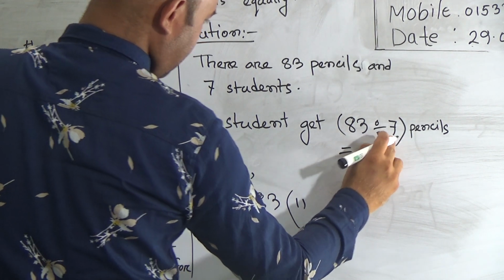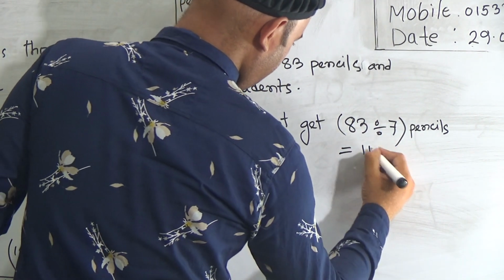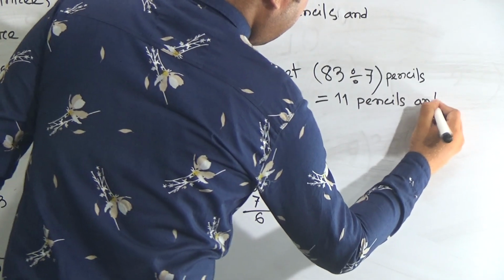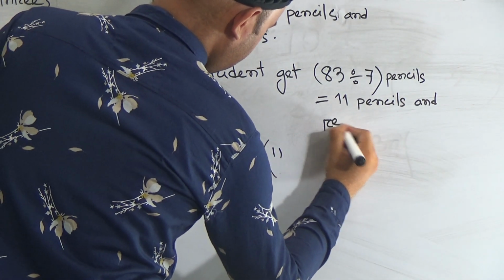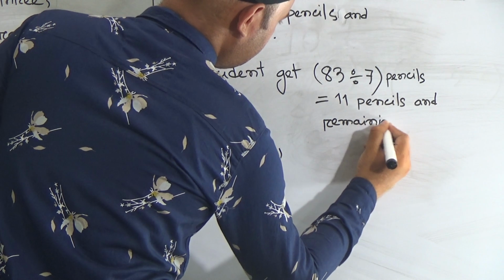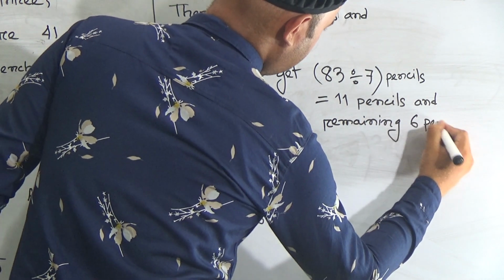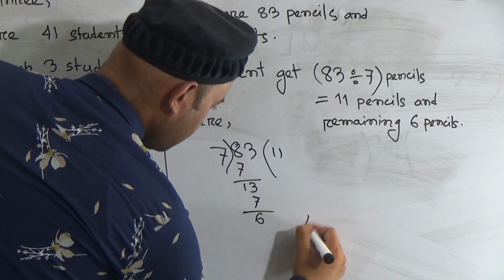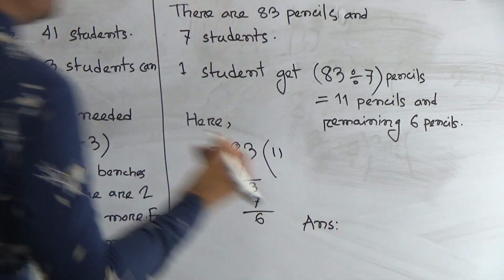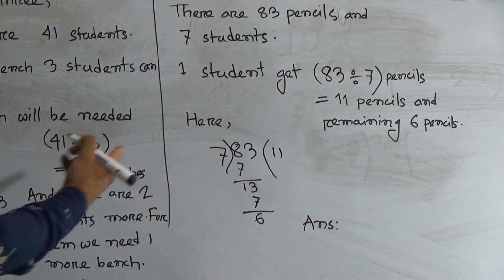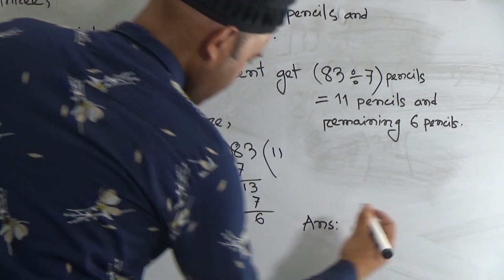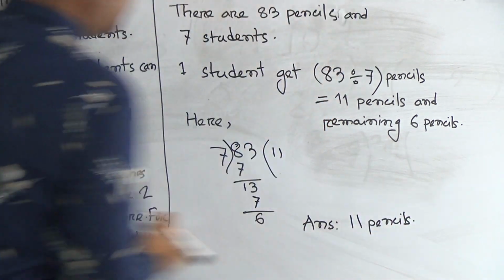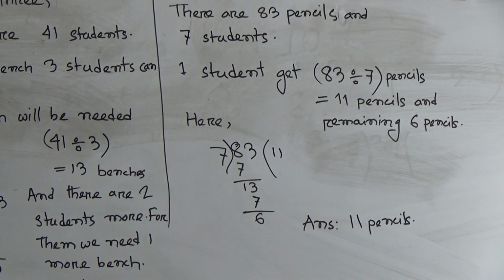So 83 divide 7 will be 11 pencils and remaining 6 pencils. So the answer is, each student gets, if they share the pencils equally, 11 pencils. My dear students, hope you understood this one.